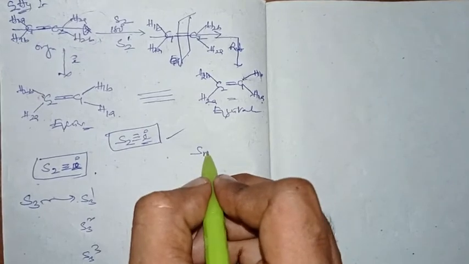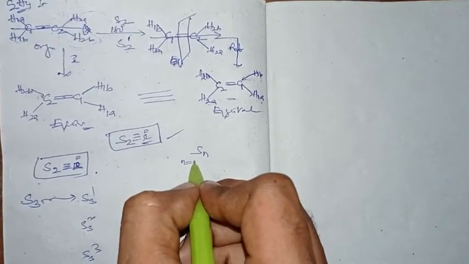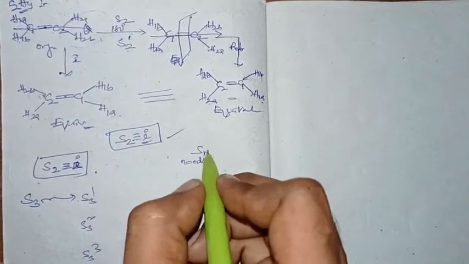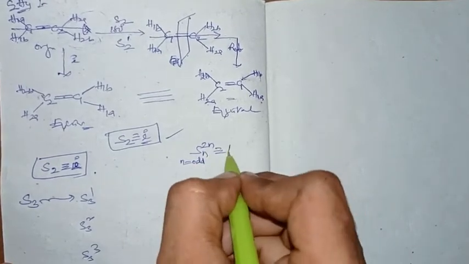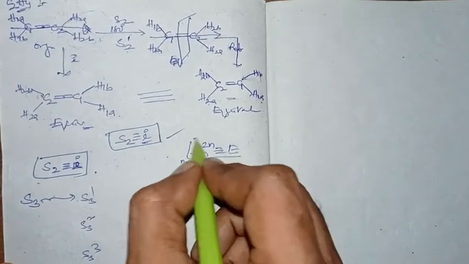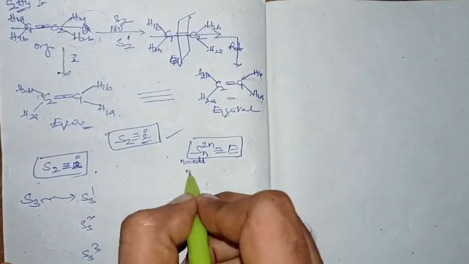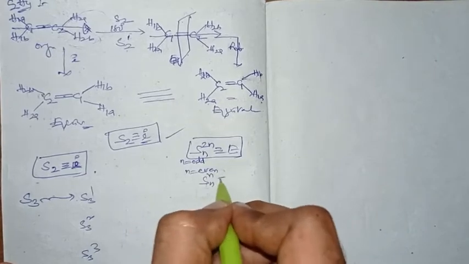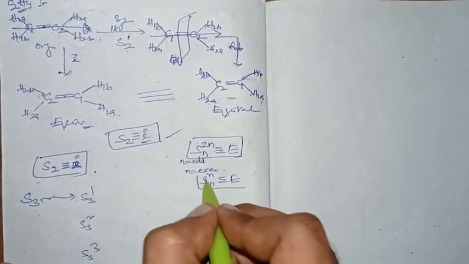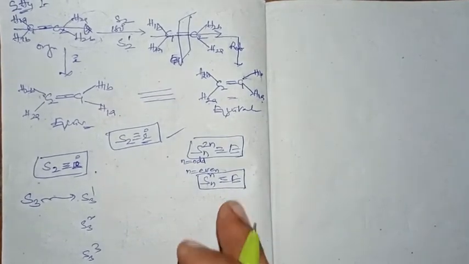For Sn, when n is odd, it will be 2n times. When it reaches 2n times, it gets an identical configuration. When n is an even number, Sn to the power of n will be identity.